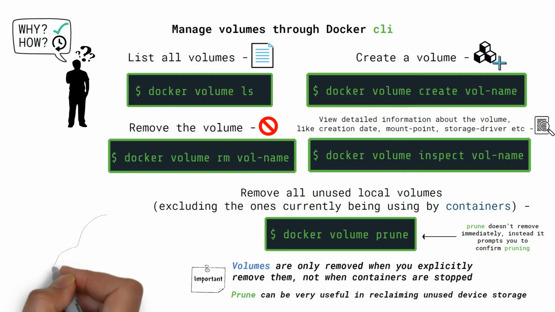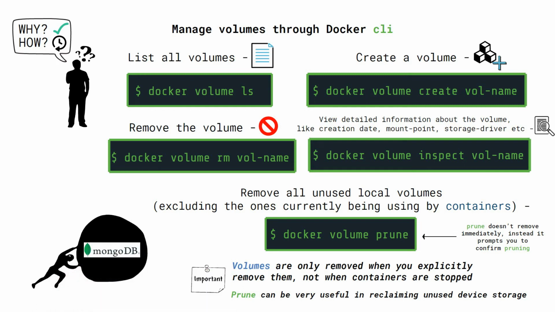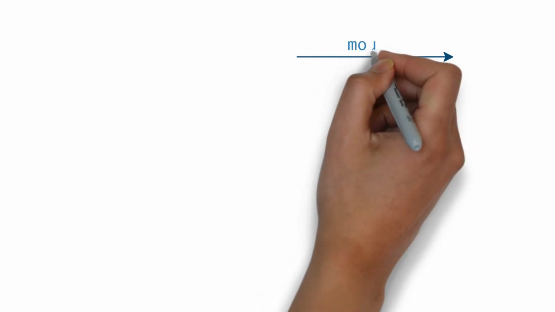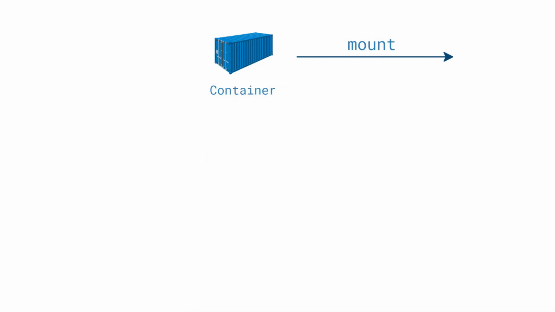Now let's look at how we can solve the MongoDB persistence issue that we had discussed earlier, using both bind mounts and volumes. The idea is simple. We just need to mount the container's file or directory which stores the database state to a volume or bind mount.